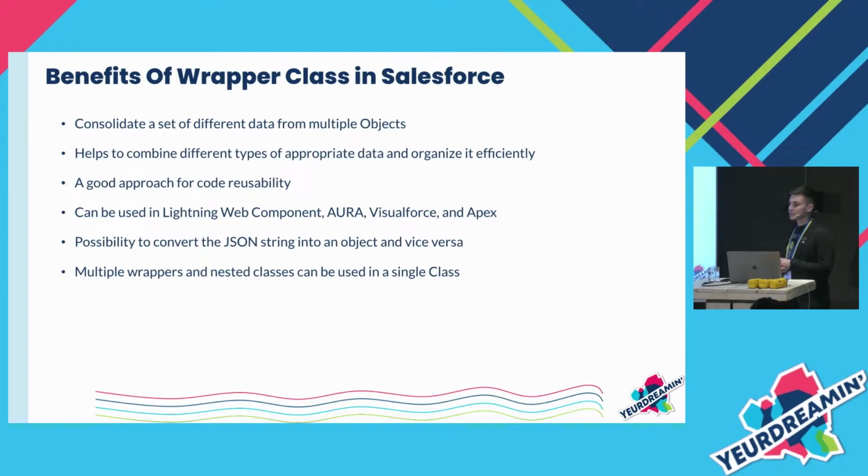If that's clear, then we go to some benefits now. There are different use cases that we will see a bit later, but let's look at some benefits first. One good benefit is that we can consolidate data inside of a wrapper class. Imagine we have different objects and we want to combine them with some logic into one data type. We can easily do it with a wrapper class. It helps us combine different types and organize them efficiently.